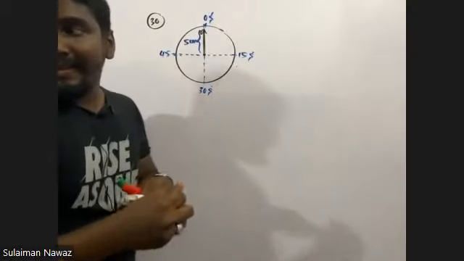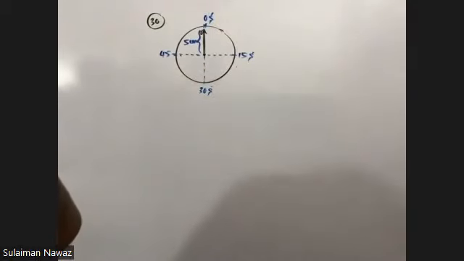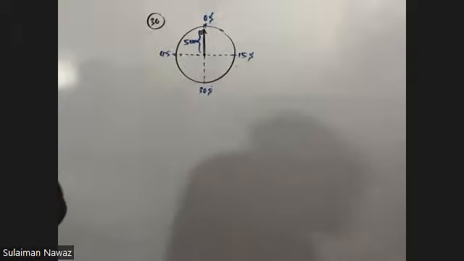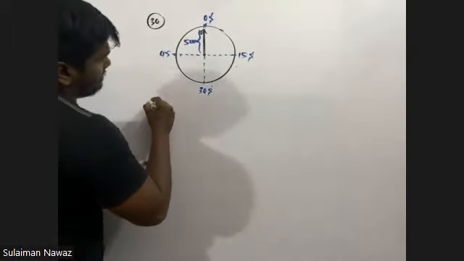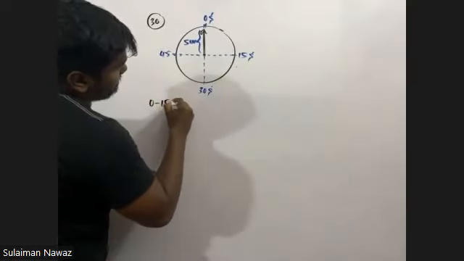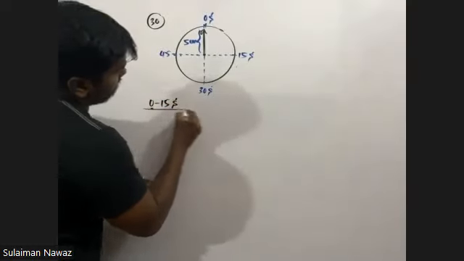Now they are asking the displacement, average speed and average velocity between 0 to 15 seconds.